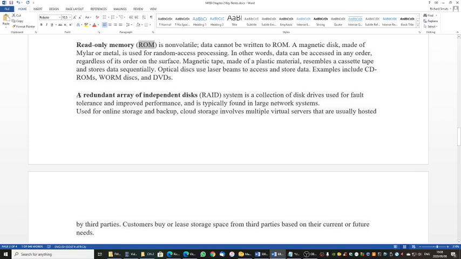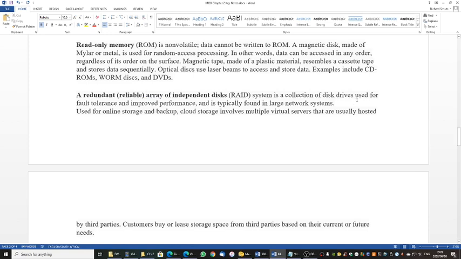Sometimes to make computers more reliable, and here is a new word for you called redundant. Redundant is another word for reliable, and let me put that in here. It's a redundant array of independent disks, and it's called RAID.